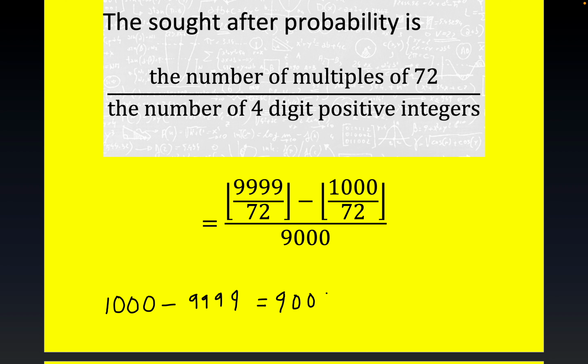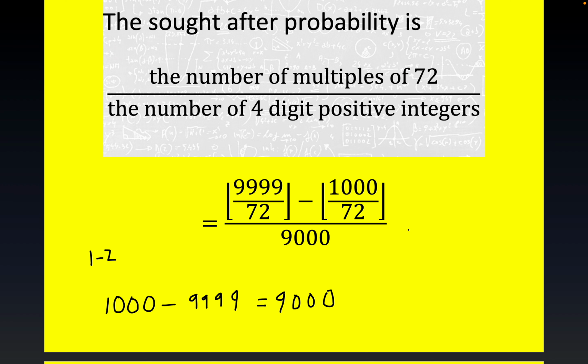This is confusing to a lot of people. One way to avoid the confusion here is just think if you have the numbers 1 through 2, that's 2 numbers. 2 minus 1 is 1, so you have to add 1, right? So you have 9,999 minus 1,000, which is 8,999, plus 1 is 9,000. So there's 9,000 positive 4-digit numbers.